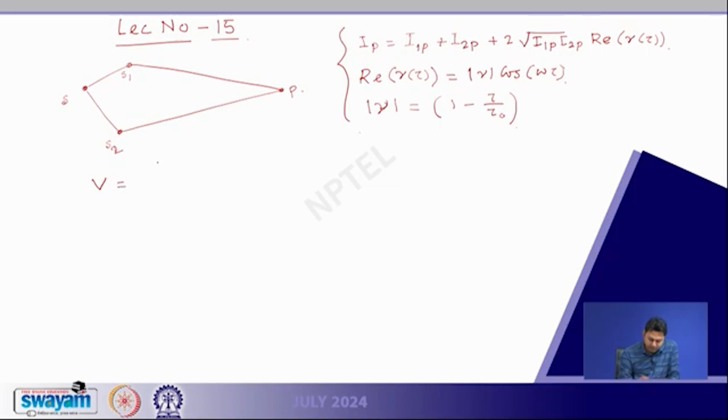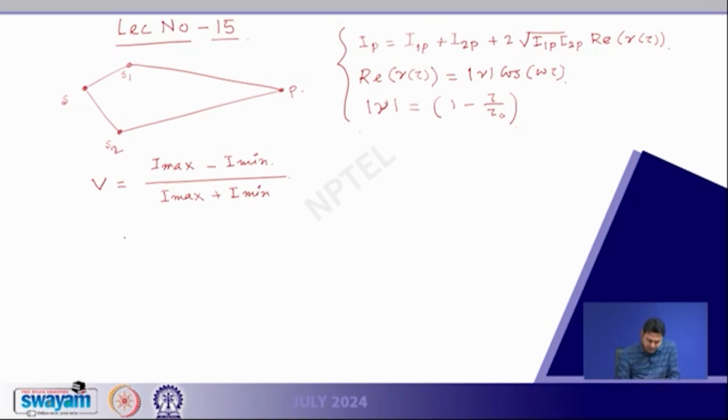We defined visibility as I max minus I min, divided by I max plus I min. So the degree of coherence is related to this visibility, and we checked three conditions in the last class: what happens if it is completely coherent, if it is completely incoherent, and thirdly in between these two, which means the gamma value is neither 0 nor 1, but in between.